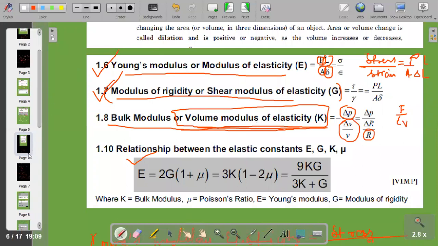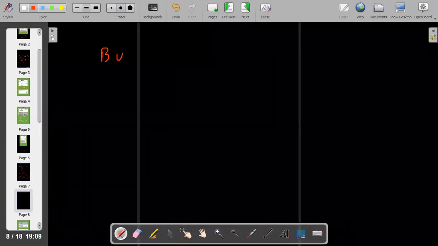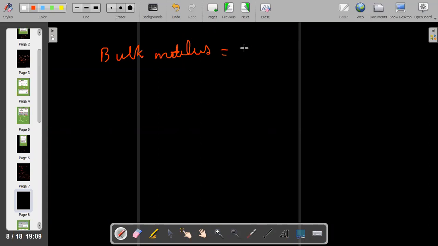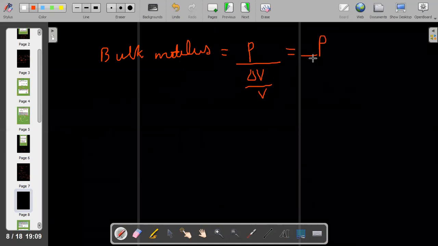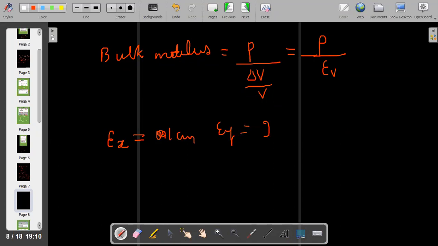Generally a direct question does not come from this, but it can be asked like this: sigma x is 1 centimeter, sigma y is 2 centimeter, sigma z is 1 centimeter, and P is given as 10 to the power 6 Newton.